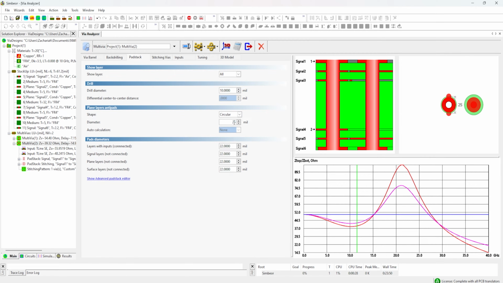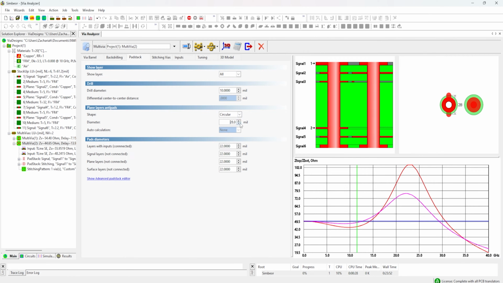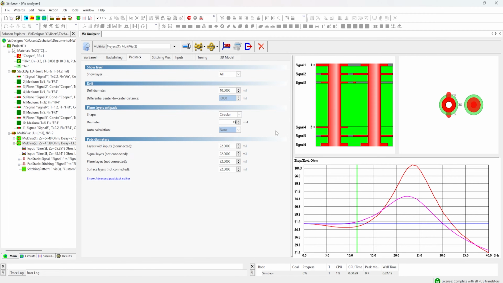Now, of course, if you compare this 25 mil or 28 mil diameter to this 22 mil diameter, in this case I've changed it to 28 mils, but that basically leaves 3 mils of clearance between a pad on layer 2 and layer 5, or layer 3, and the nearby copper. So that's a pretty small clearance. And so if we set this back to 30 mil, you can see that this is pretty optimal.